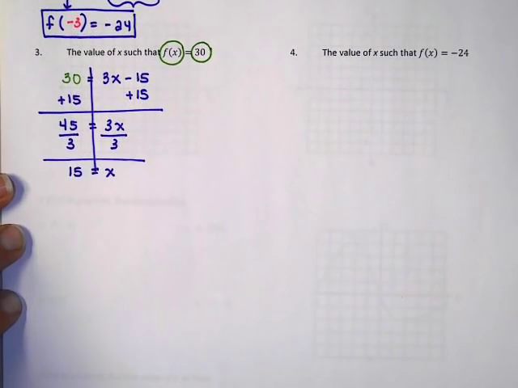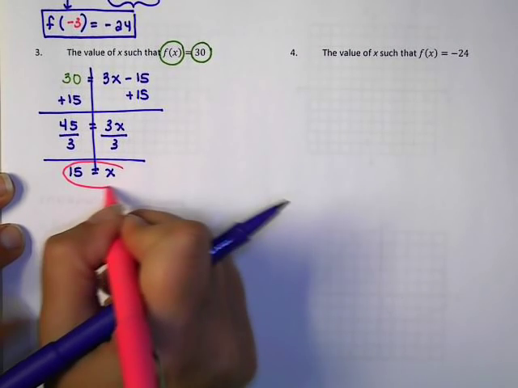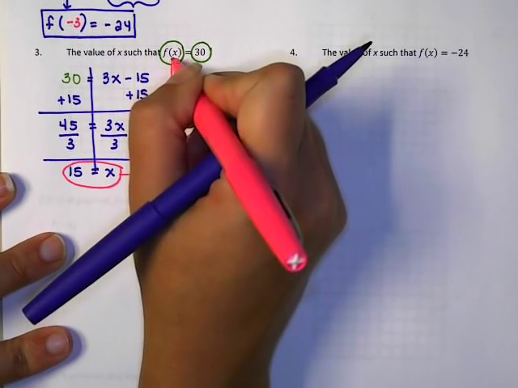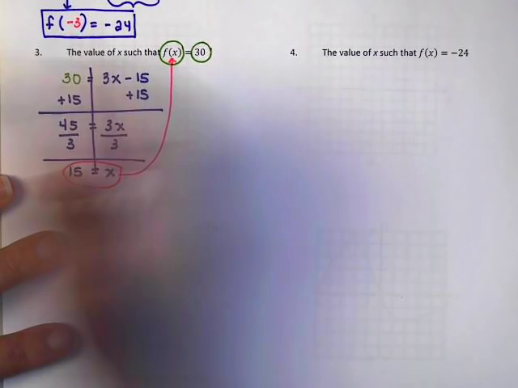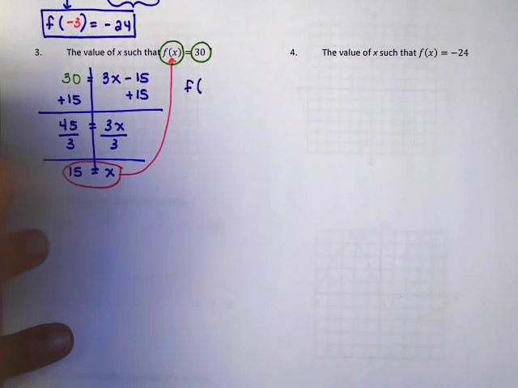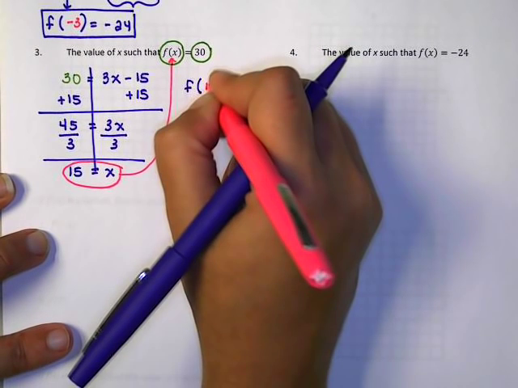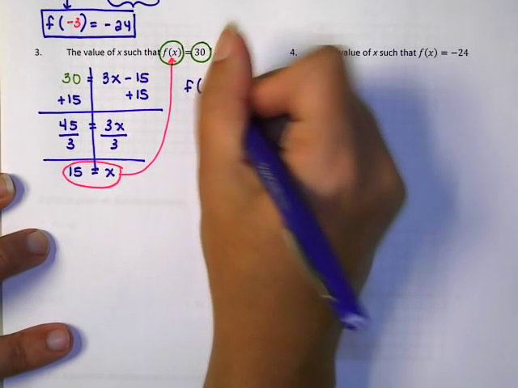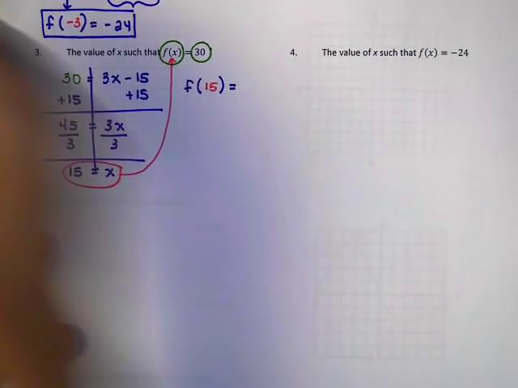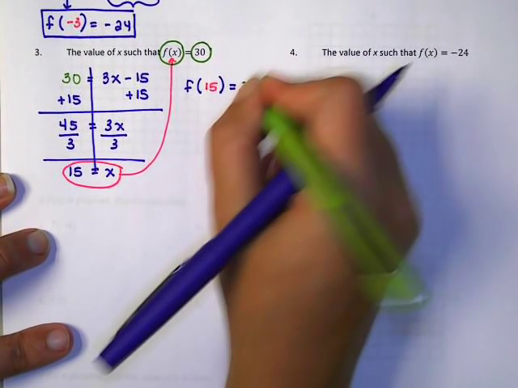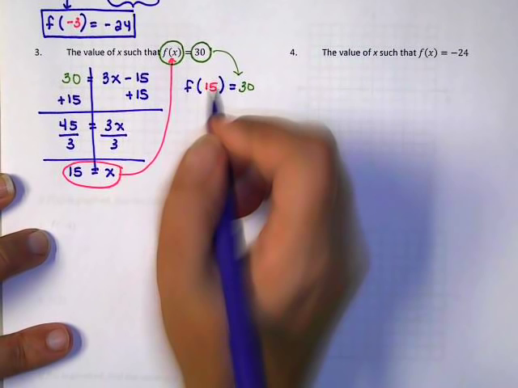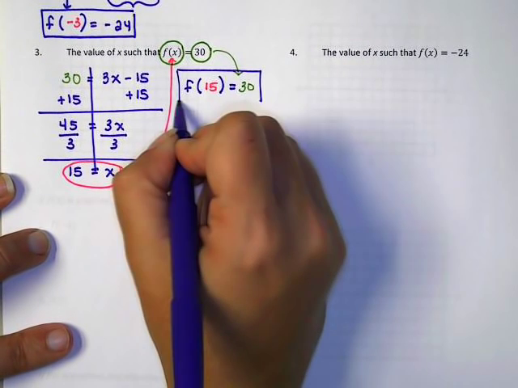To show in my final answer both the input and the output, I would take this x and replace the x here. So I would have f of 15 equals 30, which was already here. And that would be my final answer.